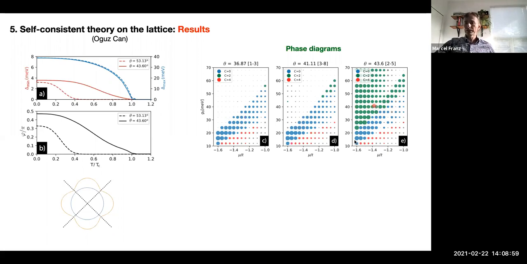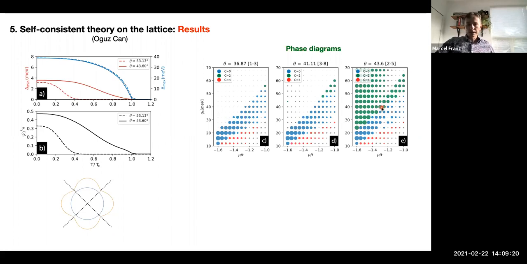Or if it's very weak, then we land in this red phase at slightly higher doping. So this should be viewed as a reasonably encouraging result: close to 45 degrees, pretty much everywhere in the phase diagram, we have something interesting to look forward to.